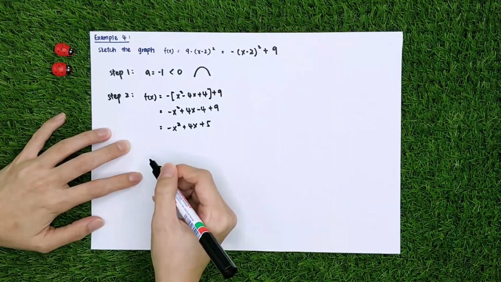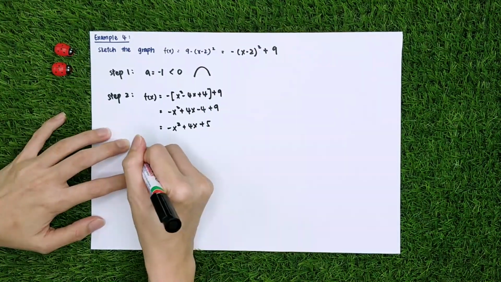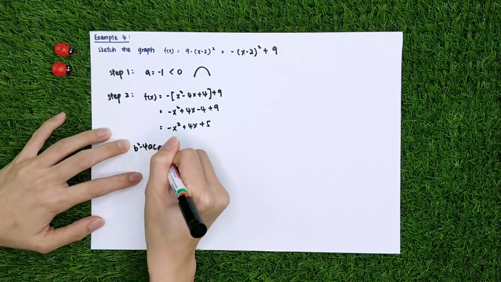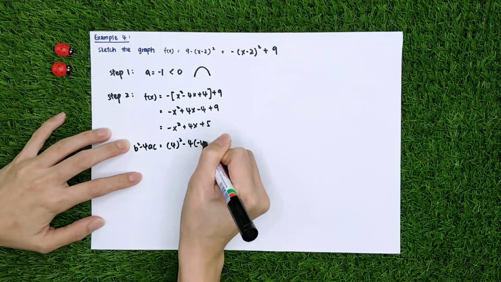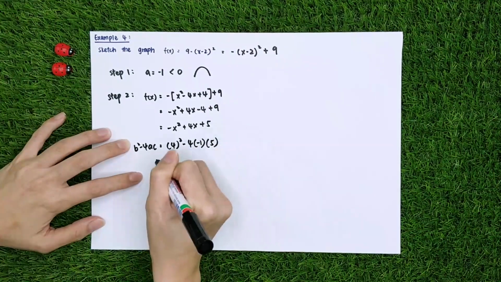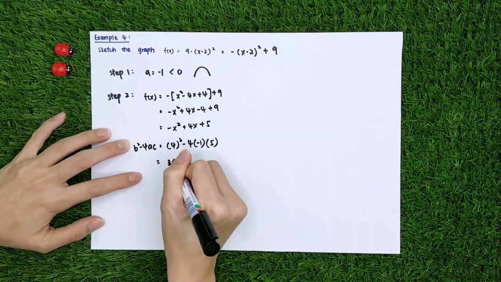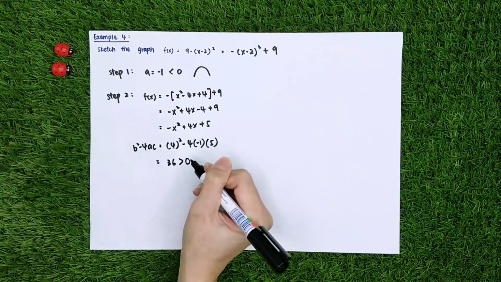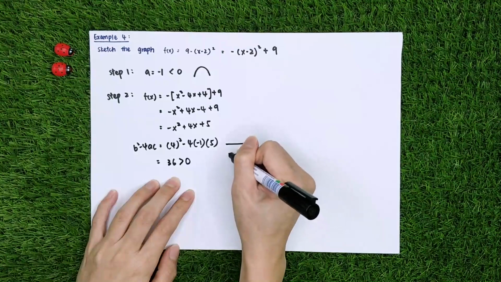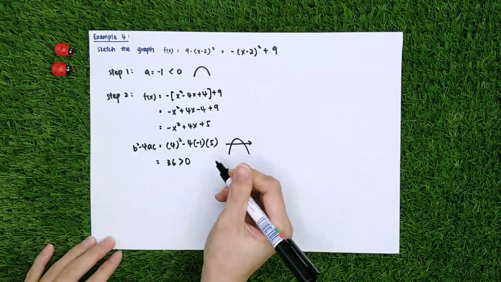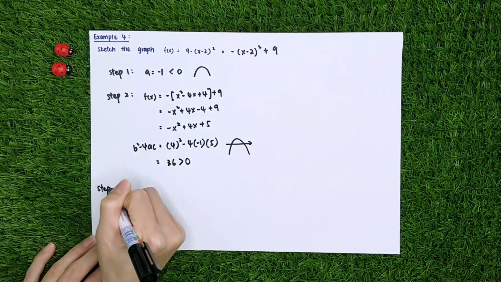Now I can determine my b² − 4ac. b² − 4ac equals 4² − 4 × (−1) × 5. I will get 36, which is greater than 0. That means until step 2, I know that my graph will look like this. Now I go to step 3.